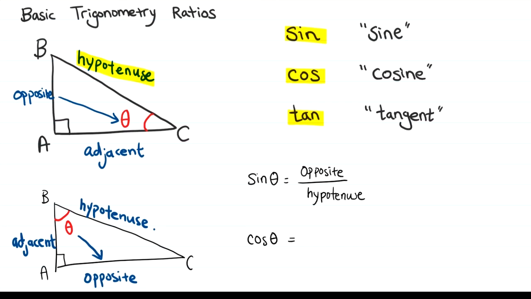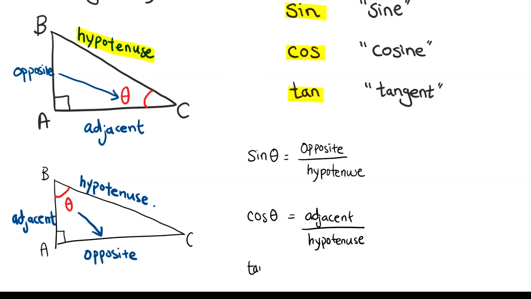Cosine theta is adjacent over hypotenuse. And the last one, tangent theta, is opposite over adjacent.